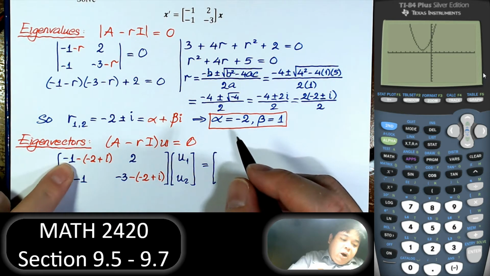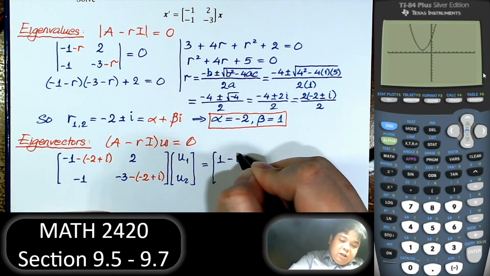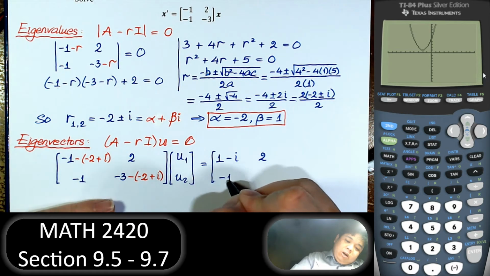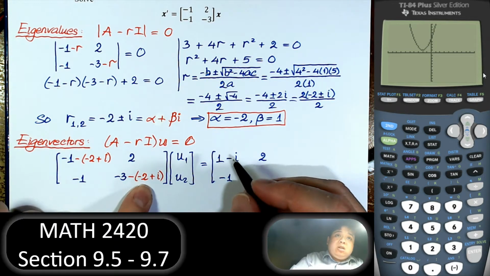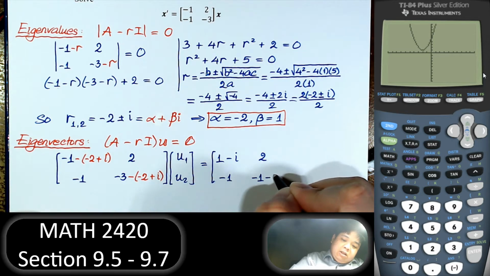So -1 plus 2 is 1 minus i, and then 2, and then -1, and -3 minus the eigenvalue is -1 minus i.